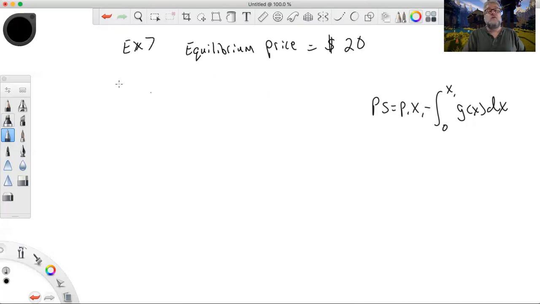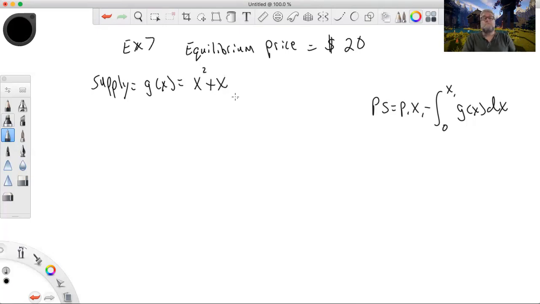And we're told that the supply function is x squared plus x.